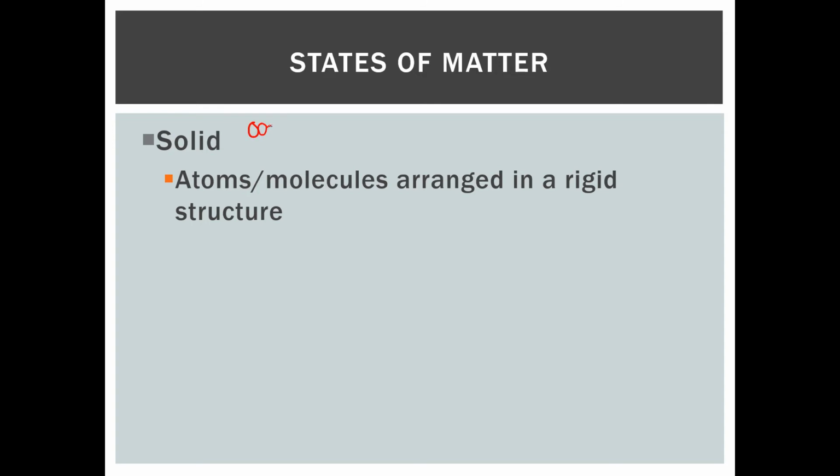So most solids are very closed like this, where the particles, the atoms or molecules, do not have much room to move around. So they can basically just sit there and vibrate in place. I think it's the kinetic molecular theory, which you were probably shown in Science 8.